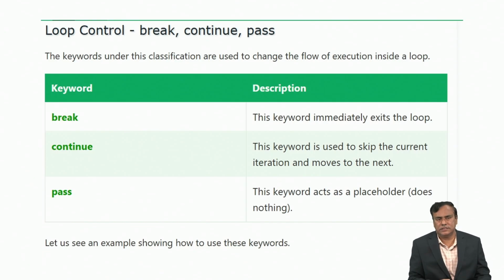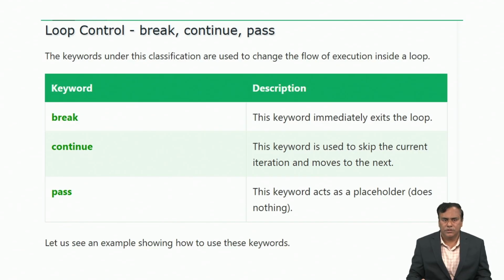Break is used to exit the loop, and continue is used to skip the current iteration and move to the next, as the name implies. You stop the current iteration and move on to the next iteration. That is continue. And pass. This keyword acts as a placeholder. So if you want to give the definition for the function later on, there also you can find the use of this keyword, pass.